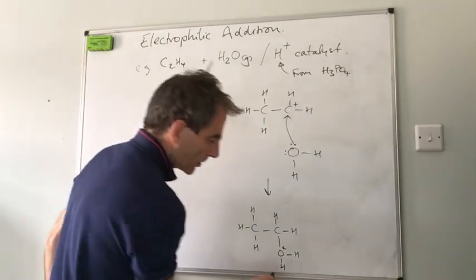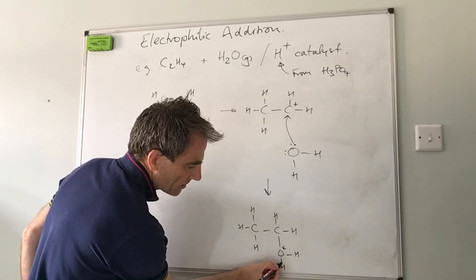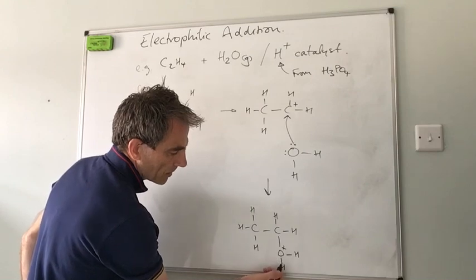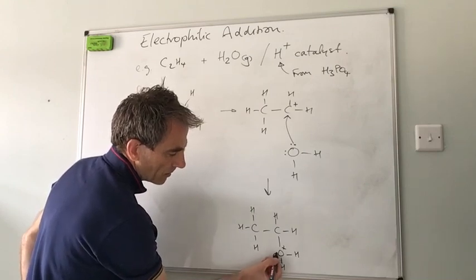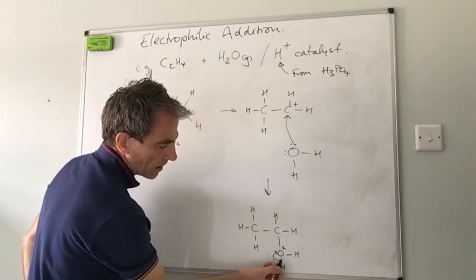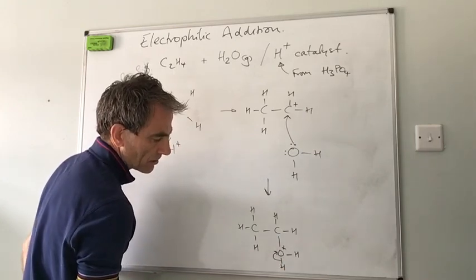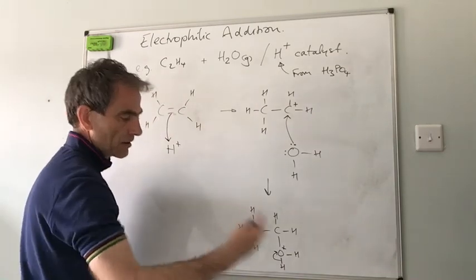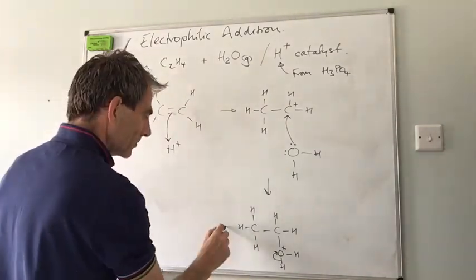And then what we're going to do is this stabilizes itself by this pair of electrons being donated to the oxygen. So we'll just show that like that. So that's a curly arrow from the middle of that OH bond onto the positively charged oxygen. So this H here is going to break off and will become an H plus ion.